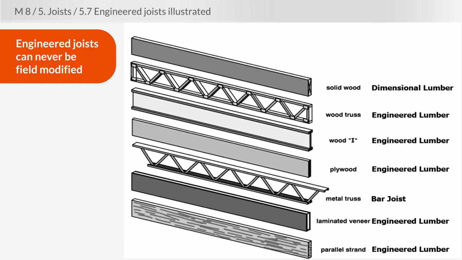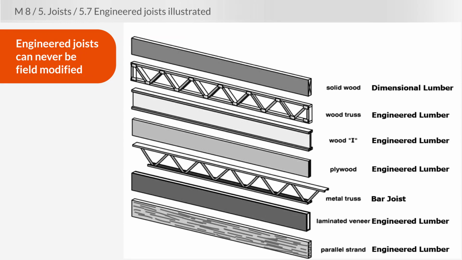Engineered joists cannot be changed except under the direct supervision of a licensed structural engineer. So anytime I say field modified, that means that an engineer is not involved. So again, engineered joists can never be field modified under any circumstances.